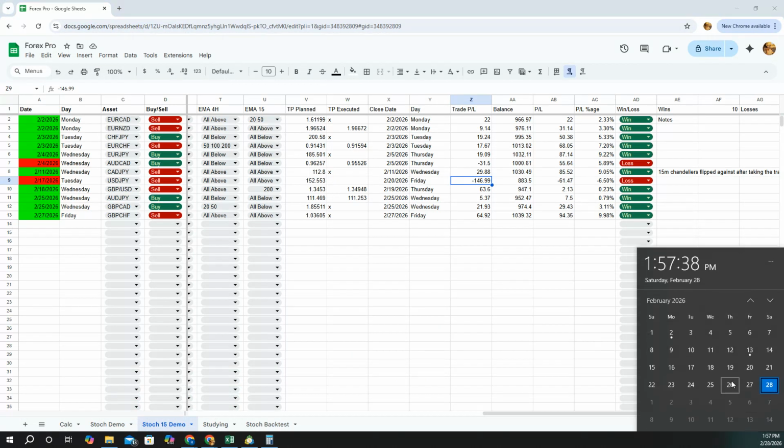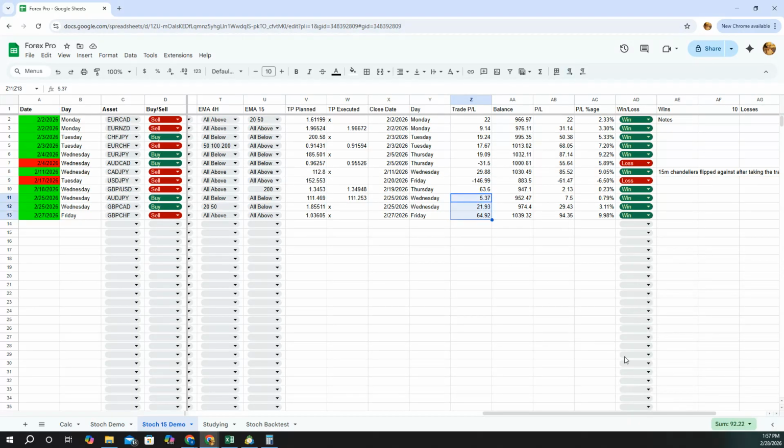Let's look. Now this week is between the 23rd and the 27th. That means these are these three trades. And in these three trades, we got 92.22. And we divide this to know the return. We divide this over the current balance before those trades.